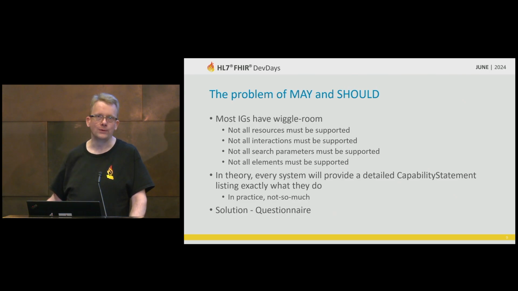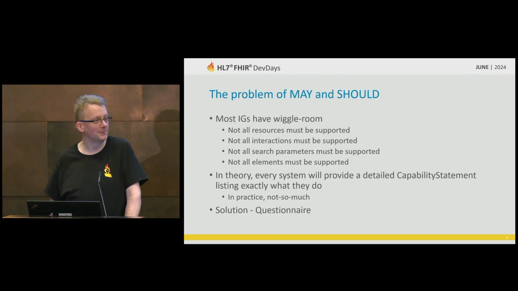So we allow for the possibility that certain resources won't be handled, or certain data elements won't be handled. We define a bunch of search parameters, but not every server will support all of those search parameters. And we define those things as may, or should. And the difference between may and should is how much we're kind of hoping that you do it. But from a testing perspective, they're not really any different.